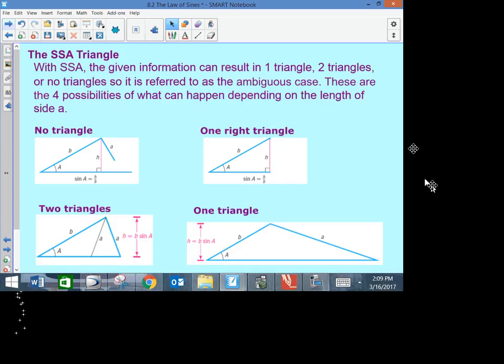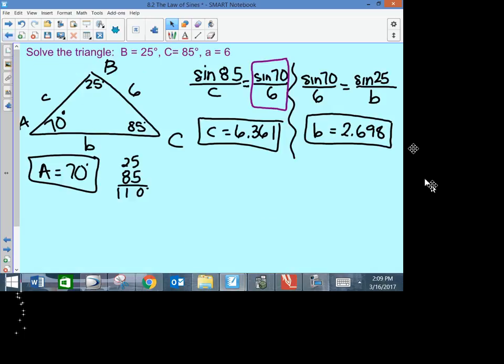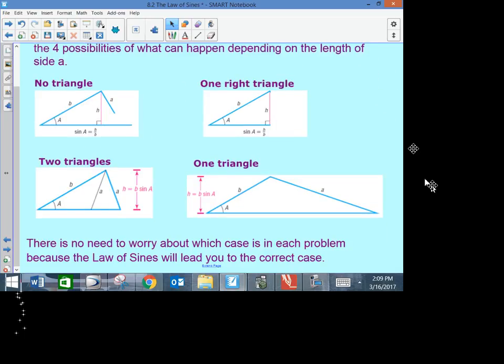We can have a right triangle, and that'll still work out in the law of sines. Even if one of these is 90, the law of sines still works for right triangles. You could get 2 triangles: your A could go this way or this way. And then you could also get 1 triangle.